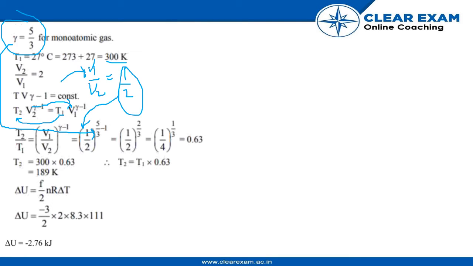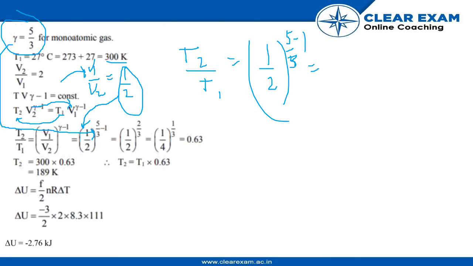So what you will get for T2 by T1 is 1 by 2 raised to the power 5 by 3 minus 1, and on further solving you will get 1 by 2 raised to the power 2 by 3.